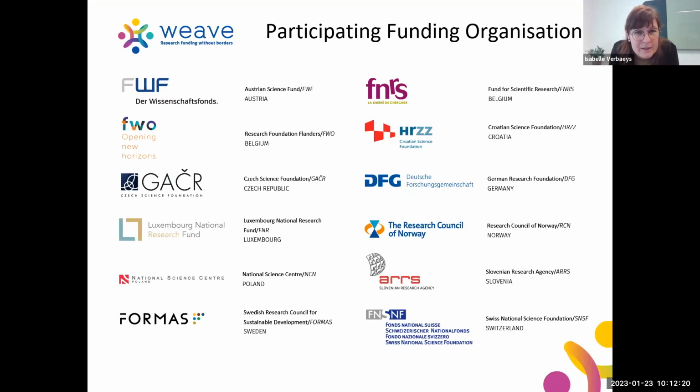The participating funding organizations are listed on this slide. There are already 12 partners that signed the WEAVE agreement. It's Austria, it's of course then FWO and FNRS, it's the Czech Republic, it's Luxembourg, it's Poland, it's Sweden, it's Croatia, Germany, Norway, Slovenia, and Switzerland.